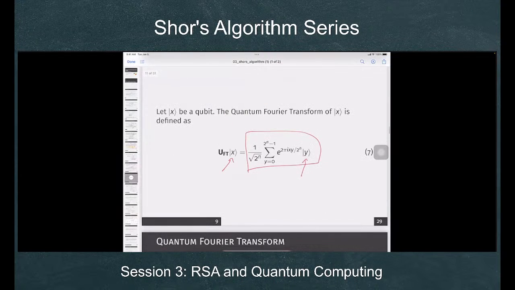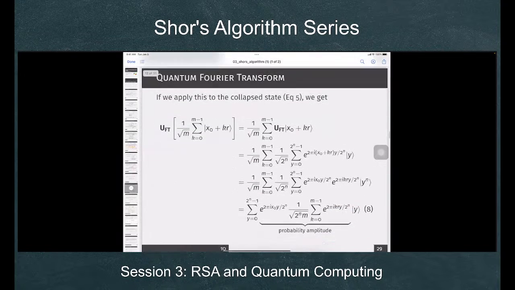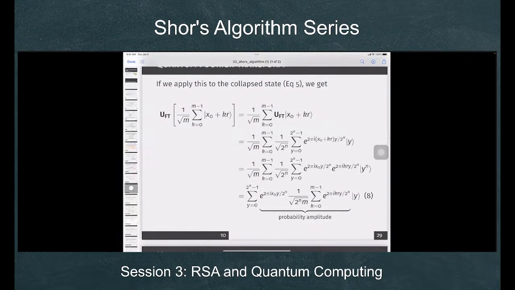Sorry, I was ahead of myself. This is just the definition. We still have to apply it to the value of x. So what's x? We apply it to here. This one is your superposition.